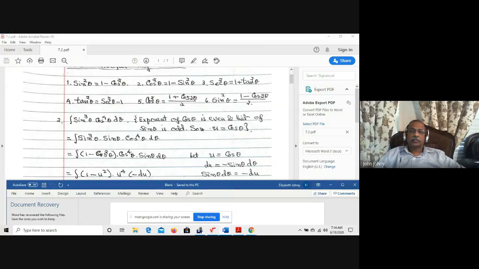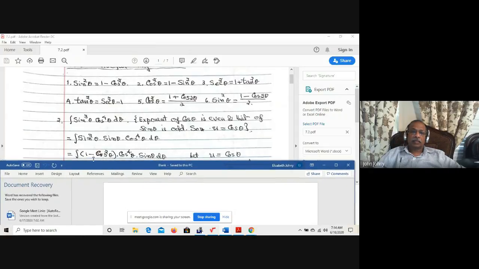Now rewrite sine cubed theta as sine square theta times sine theta, and the sine square theta is 1 minus cos square theta. So the integral becomes 1 minus cos square theta times cos to the 4 theta times sine theta d theta. Cos theta is u, so this is 1 minus u square times u to the 4 times negative du.